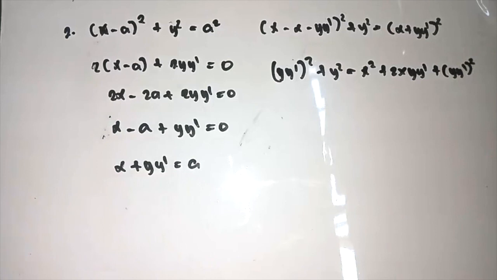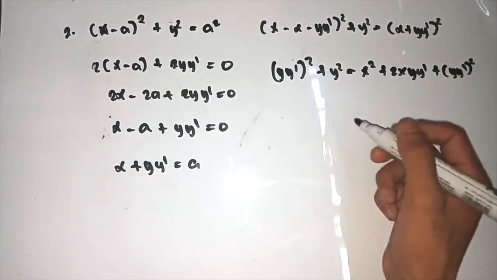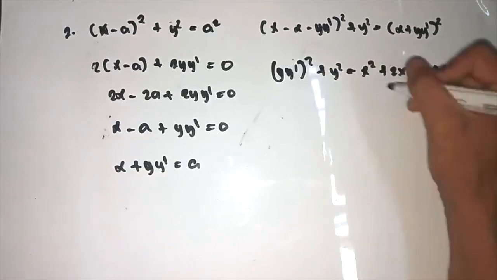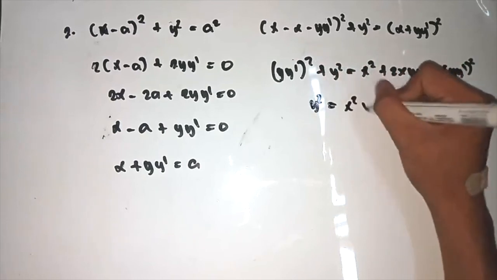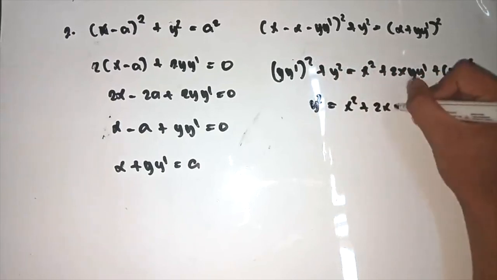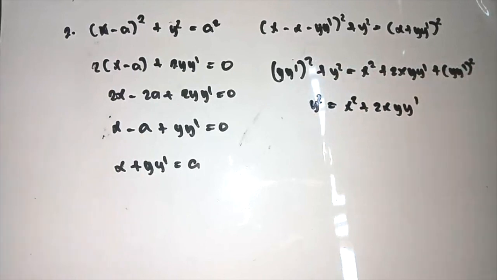And hence this will become, if I'm going to transpose the y prime squared term to the left side, this will be cancelled. So y squared equal to x squared plus 2x y y prime.